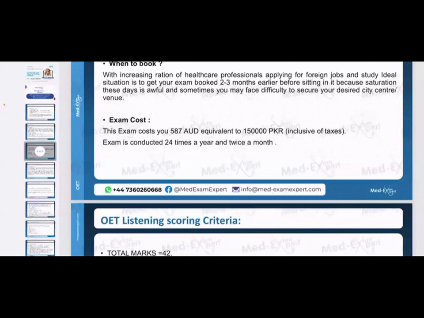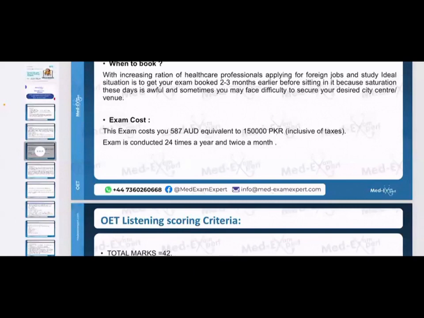That's why students get confused and think that the cost of the OET exam is increasing every day. It is a static 587 Australian dollars, but when we get the equivalent, then definitely it increases in other currencies.